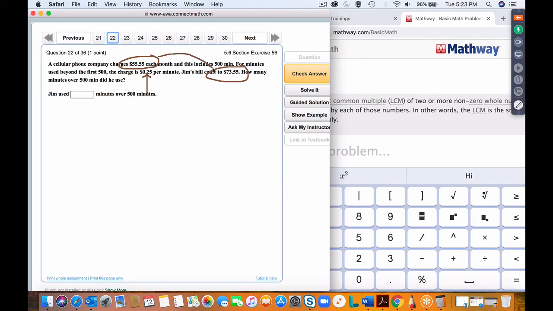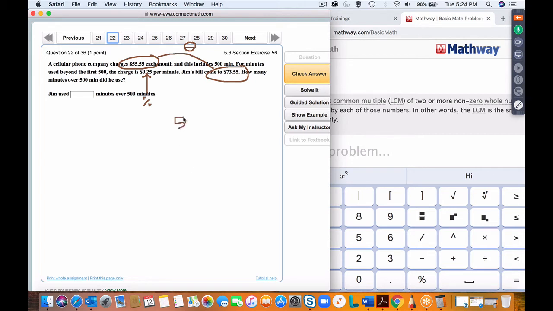So these two we subtract, and then this one we divide. So you have a change between these two. Subtract the numbers and then divide by 0.25.